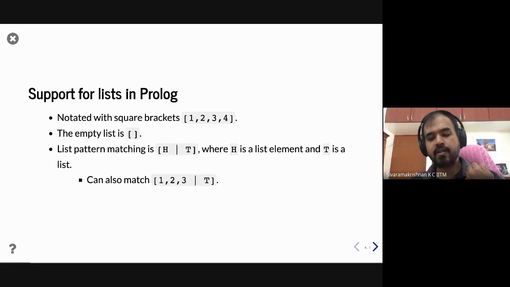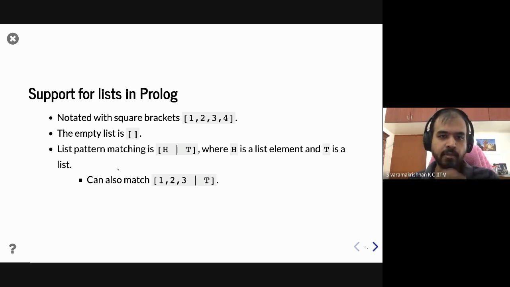First thing we are going to look at is the syntax for lists. In Prolog, a list is notated with open and close square brackets, with commas between the elements. So this is a list which has 4 elements, 1, 2, 3, 4. The empty list is just like OCaml, with open square bracket and closed square bracket.